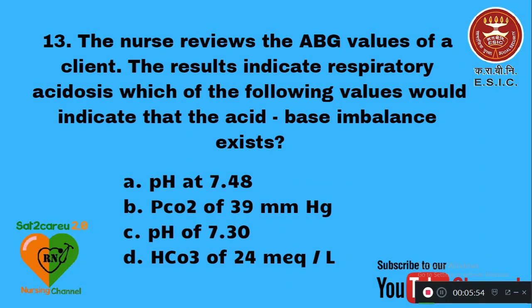Option B, partial pressure of carbon dioxide of 39 millimeter of mercury. C is pH of 7.30 and D is bicarbonate of 24 milliequivalent per liter. So the pH of 7.30 says acid-base imbalance is present.